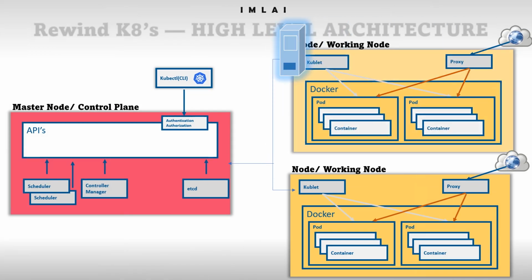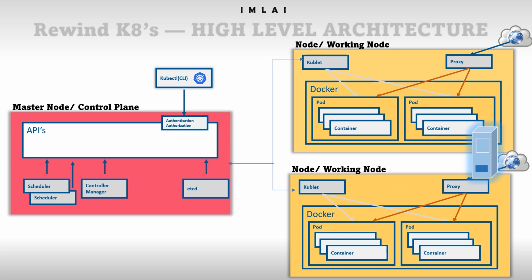Next, we are going to jump into a Kubernetes working node. A Kubernetes working node is part of a Kubernetes cluster. Kubernetes runs your workload by placing containers into pods to run on nodes. A node may be a virtual or physical machine depending on the cluster.